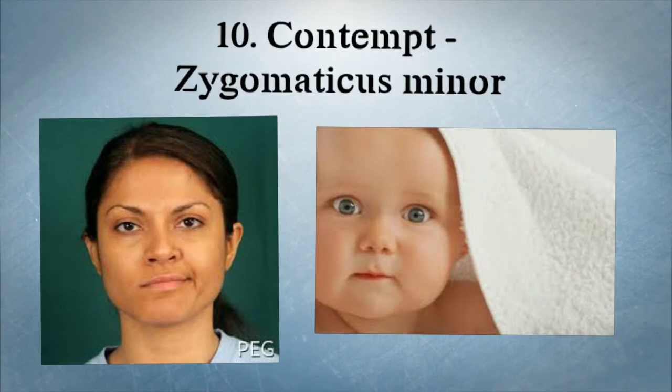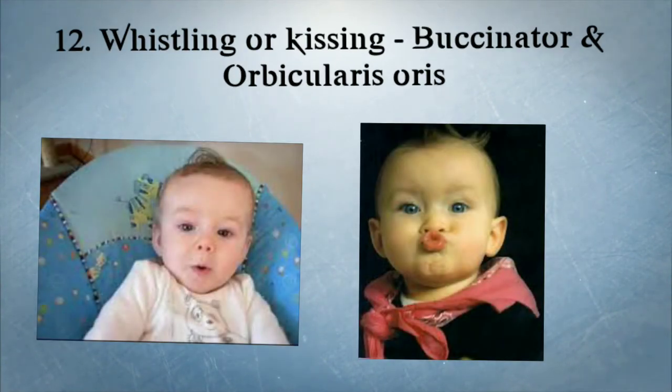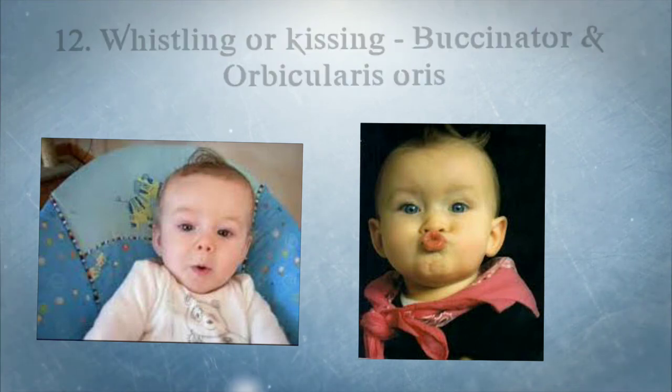The 10th expression is contempt, and the muscle responsible is zygomaticus minor. The 11th expression is closing the mouth, and the muscle responsible is orbicularis oris. The 12th expression is whistling or kissing, and the muscle responsible is buccinator and orbicularis oris.